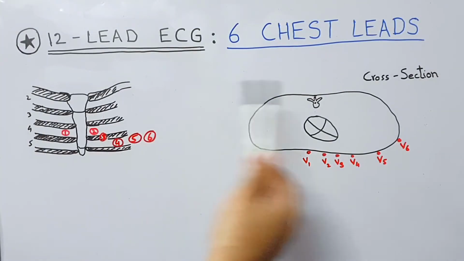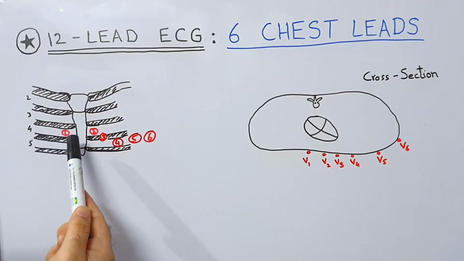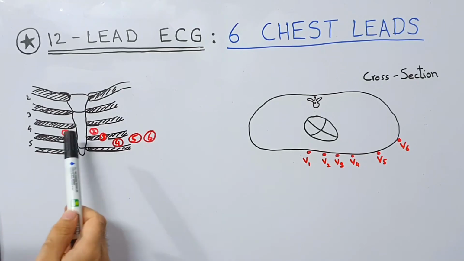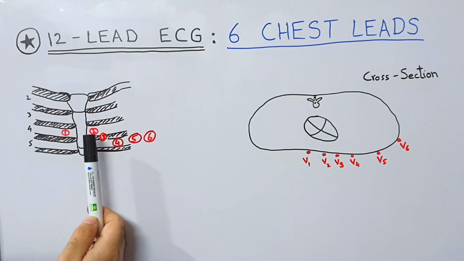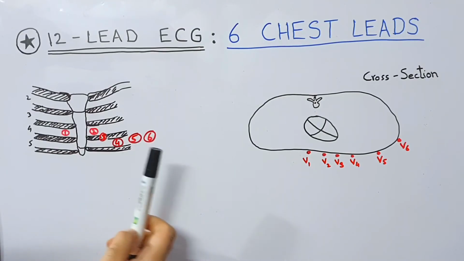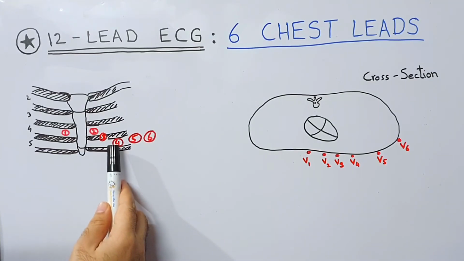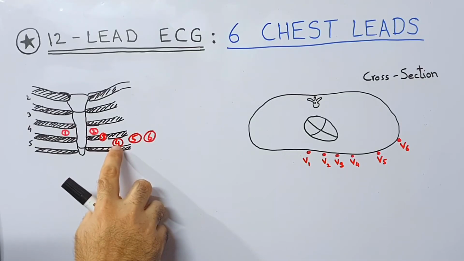Now we will see the 6 chest leads. These are pretty straightforward. All the 6 leads are present on the precordium or front of the chest. The first is placed in the 4th intercostal space on the right side of the sternum. Second is placed in the 4th intercostal space on the left side of the sternum. Fourth is placed in the 5th intercostal space in the mid clavicular line.